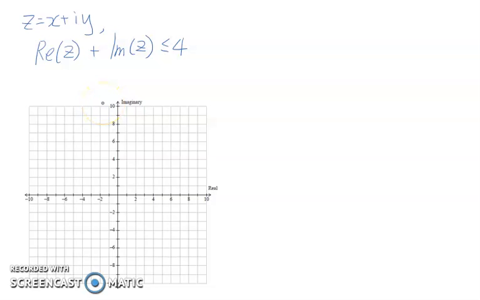Let's have a look at another example here. We have this condition here, the real part plus the imaginary part needs to be less than or equal to 4. Now what I can do here, I can replace the real part with x and the imaginary part with y. So that means x plus y is less than or equal to 4. Now when I was looking at this one, that reminds me of something, linear equations. So let's treat this as a linear equation.